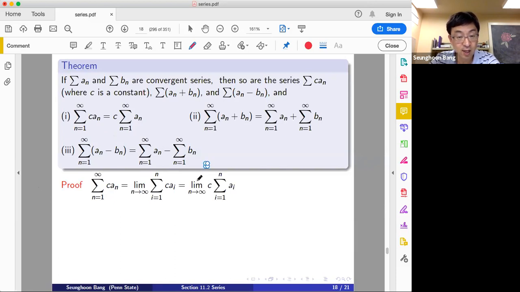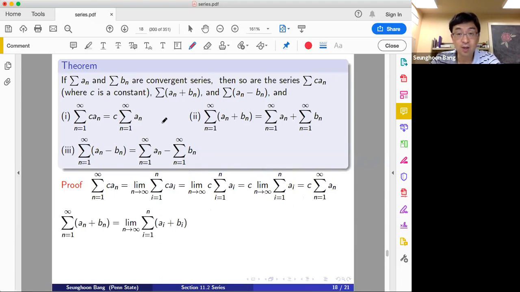One more, take the constant c out of the limit: c times the limit as n approaches infinity of the summation i equal to 1 to n of ai. Next, change back. This is exactly the same as the summation form. You can change back. So that's the proof.